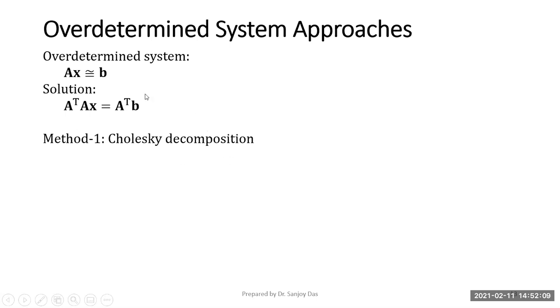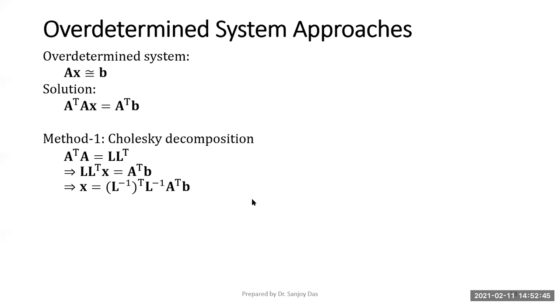Now, how do we solve it algorithmically? One method is by using Cholesky decomposition. We know that A transpose A is a symmetric matrix. And so, using Cholesky decomposition, we decompose it into LL transpose. Whence we have LL transpose X equals A transpose B is what we have to solve, right?